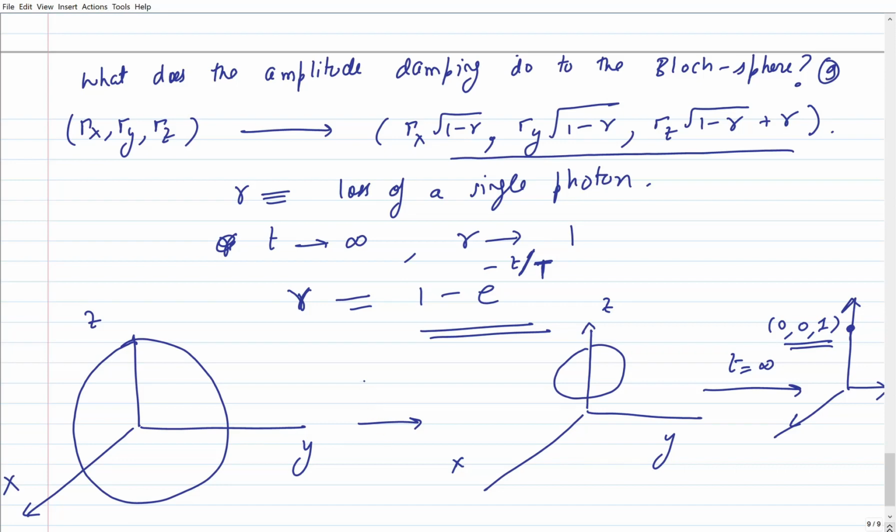So this is the amplitude damping channel. And ultimately the system reaches its ground state because of the environment. Shrinks towards the North Pole.